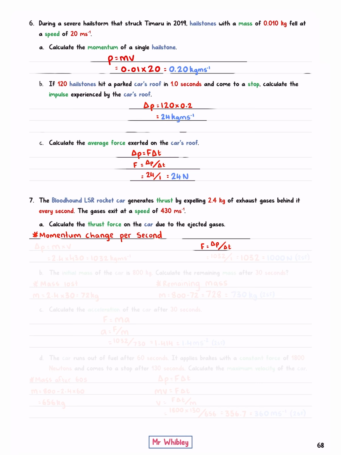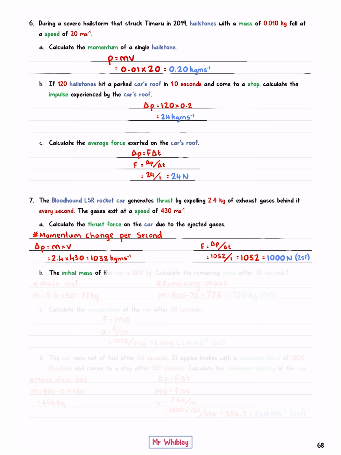We can find this by knowing that momentum is mass times velocity, we know the velocity that the gases exit with, and we know the mass of the gases expelled every second, which gives us 1032 kilogram meters per second. Putting that into our force equation gives us 1032 or 1000 newtons to two significant figures.